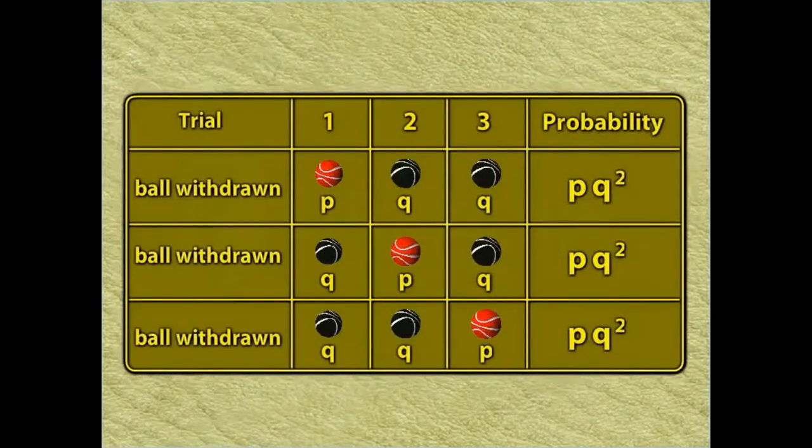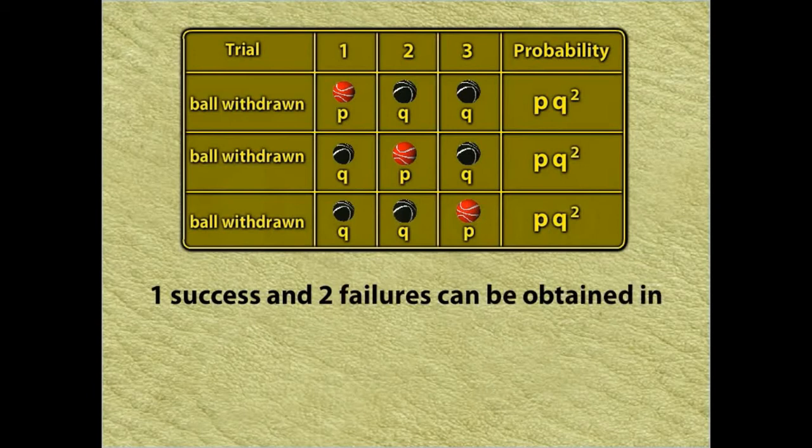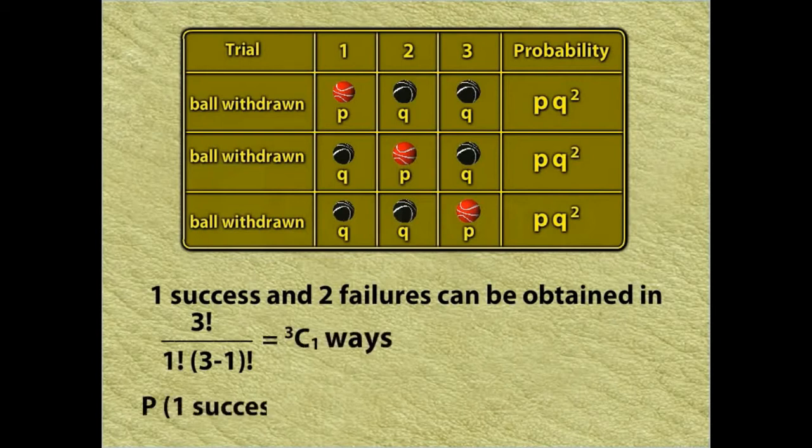In other words, you can say that the total combinations for 1 success and 2 failures are 3 factorial upon 1 factorial into 3 minus 1 whole factorial, or 3C1. Thus, the probability of getting 1 success is 3C1 into p q square.